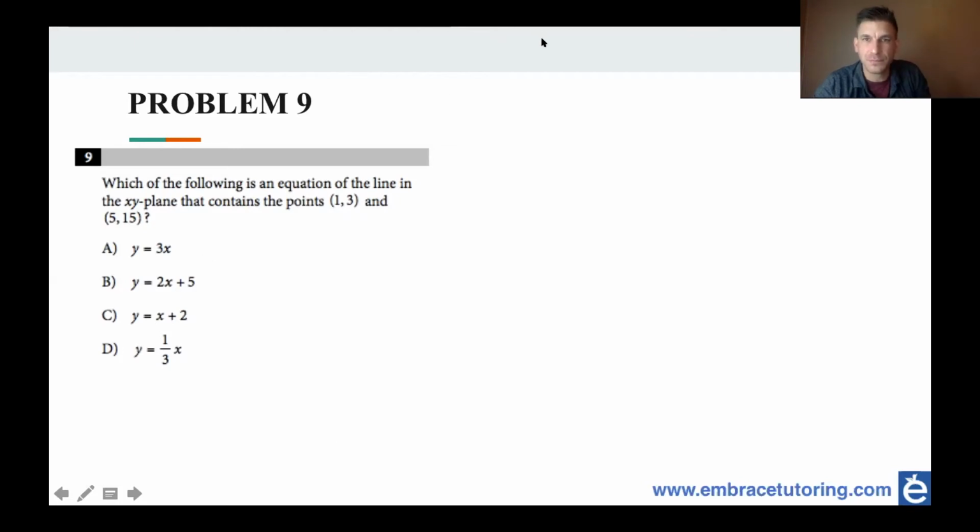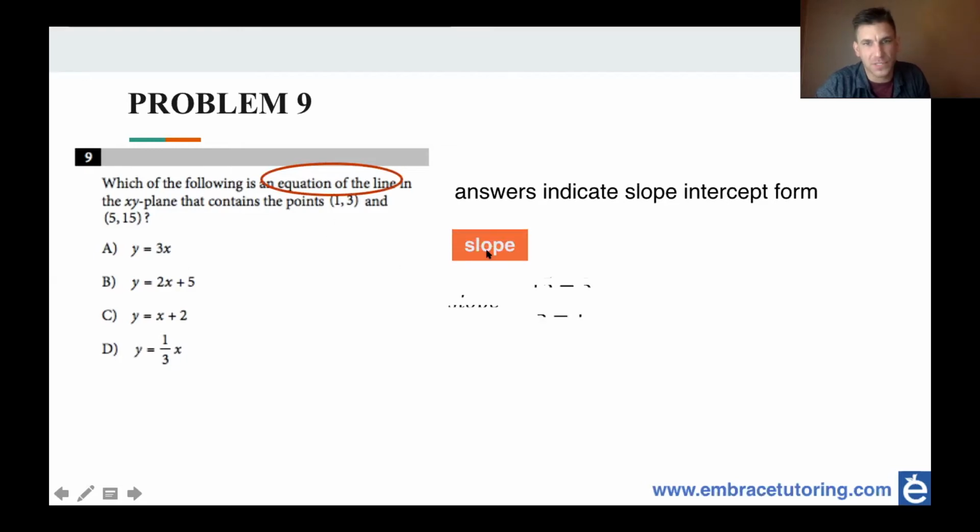Now, I set this up, and the answers indicate slope-intercept form. So for the slope, I'm going to do 15 minus 3 because remember, these are my y's. So 15 is y2, 3 is y1, and then 5 is going to be x2, and 1 is going to be x1.